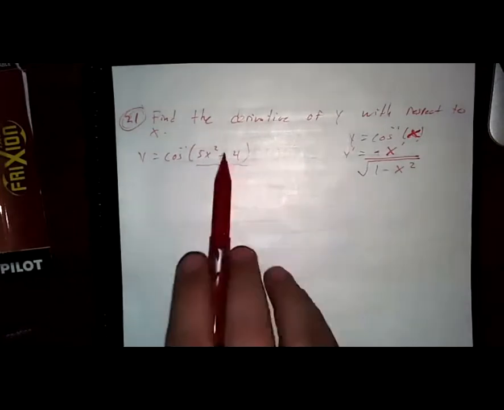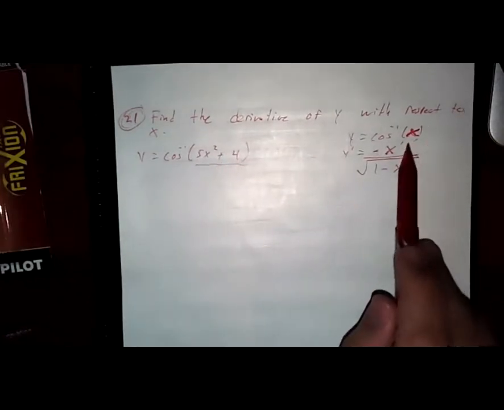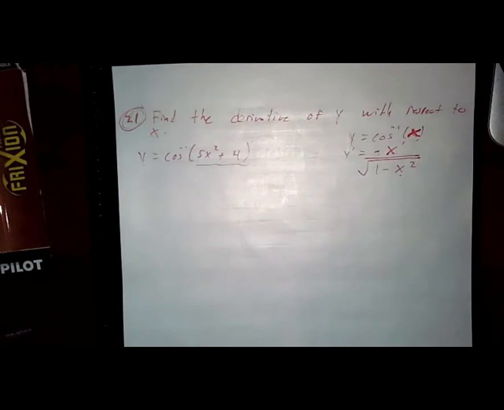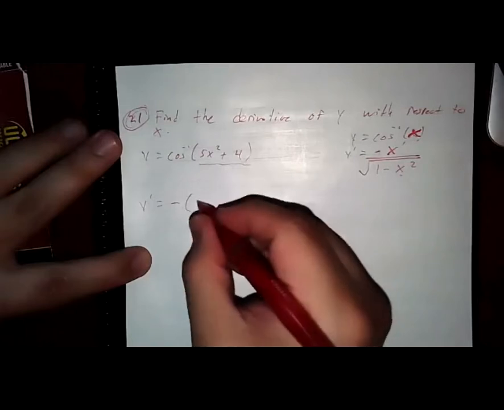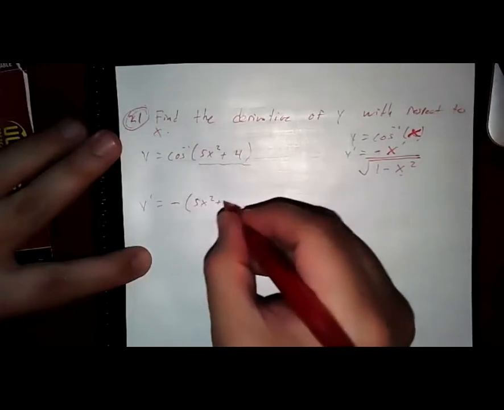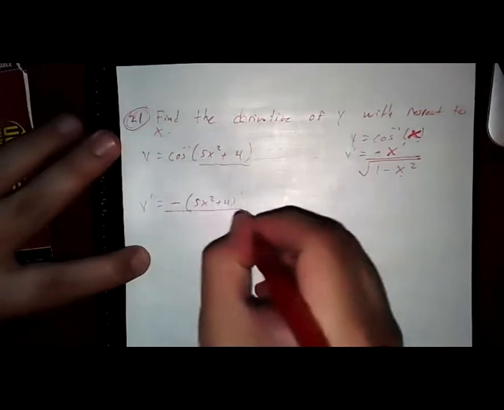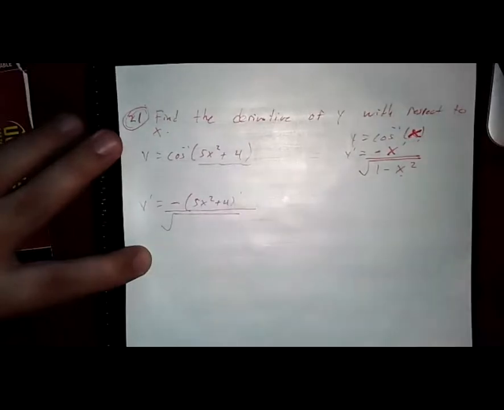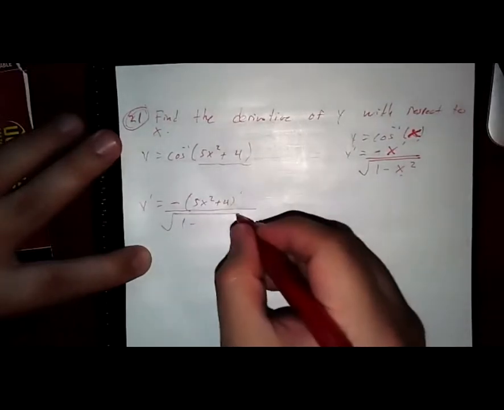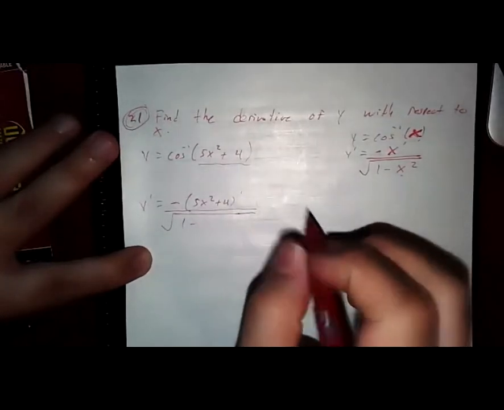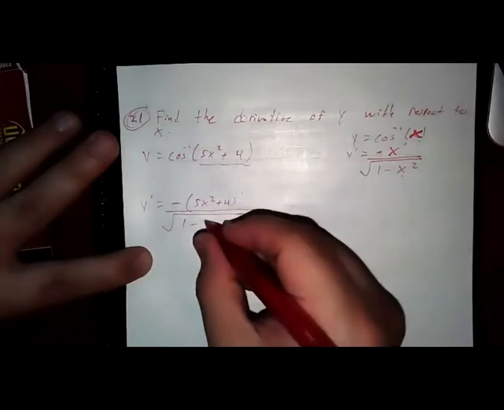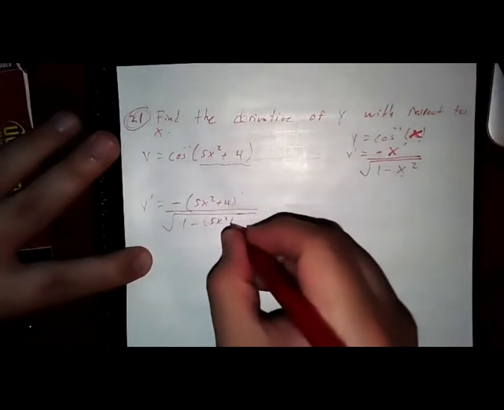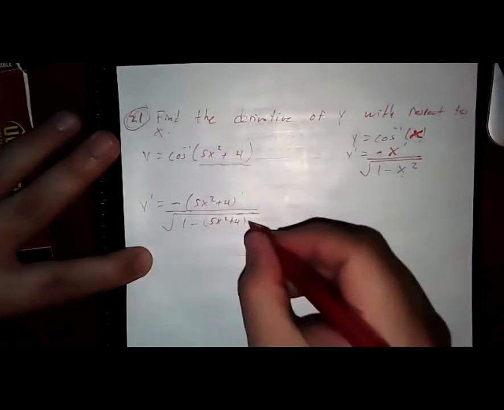We're just going to plug this in there and there, up top. So the derivative will simply be negative the derivative of the argument over the square root of 1 minus (5x squared plus 4) squared.